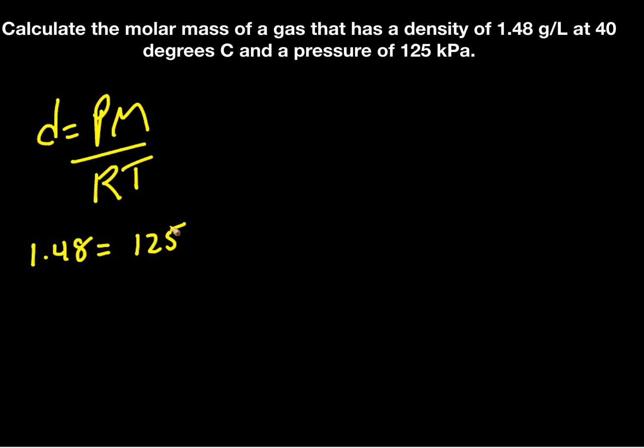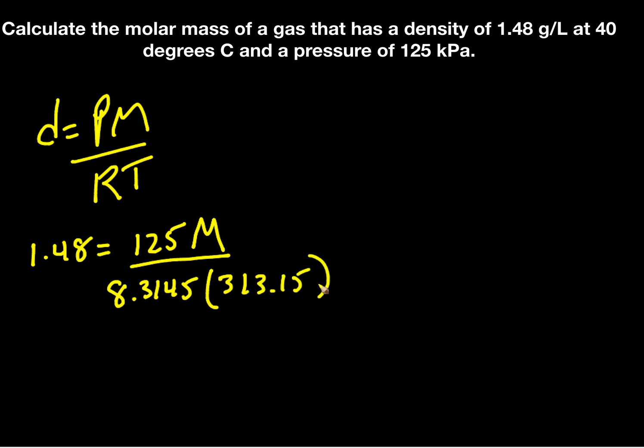We'll leave it in kPa. We'll just use the R value for kPa. We're looking for molar mass, so that is our variable, all over 8.3145 times 273.15 plus 40, which is 313.15.